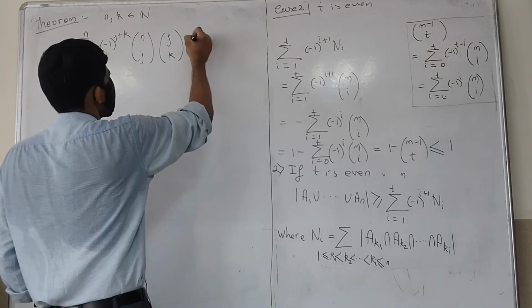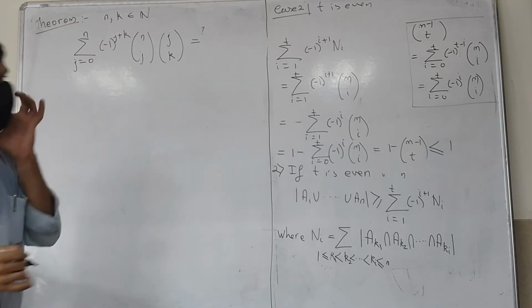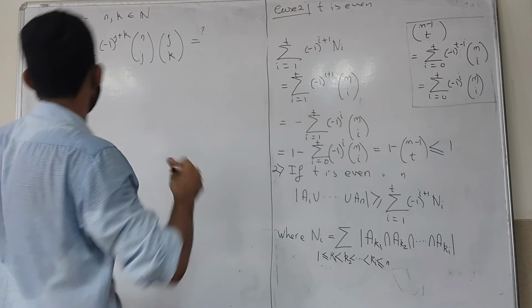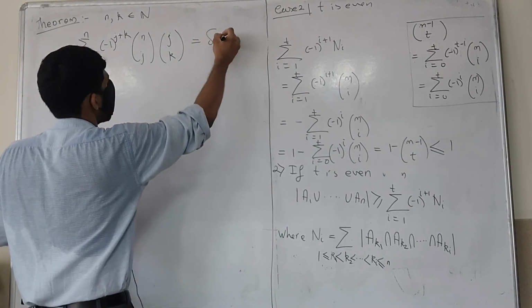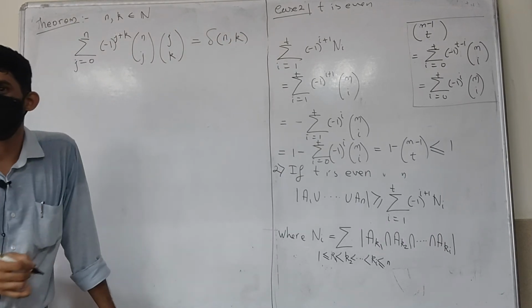What do you think this is? Of course, it looks a little odd in this fashion, but so this is nothing but your delta n comma k. What is delta n comma k?